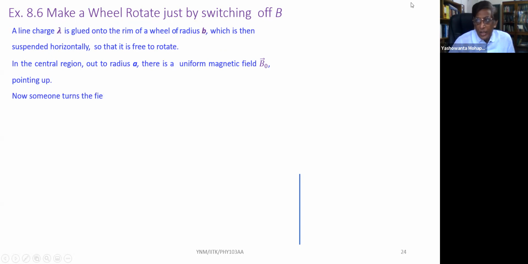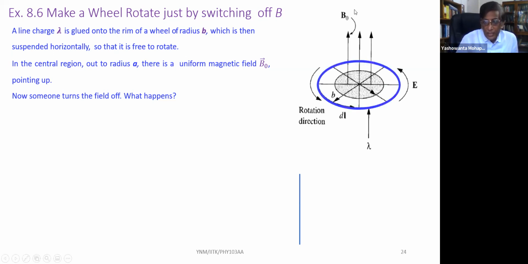And now someone turns the field off. The field is created, let's say, by a solenoid, and you switch off the current to the solenoid, and the field goes to zero. Okay, what happens to the suspended wheel? So that is the experimental arrangement.